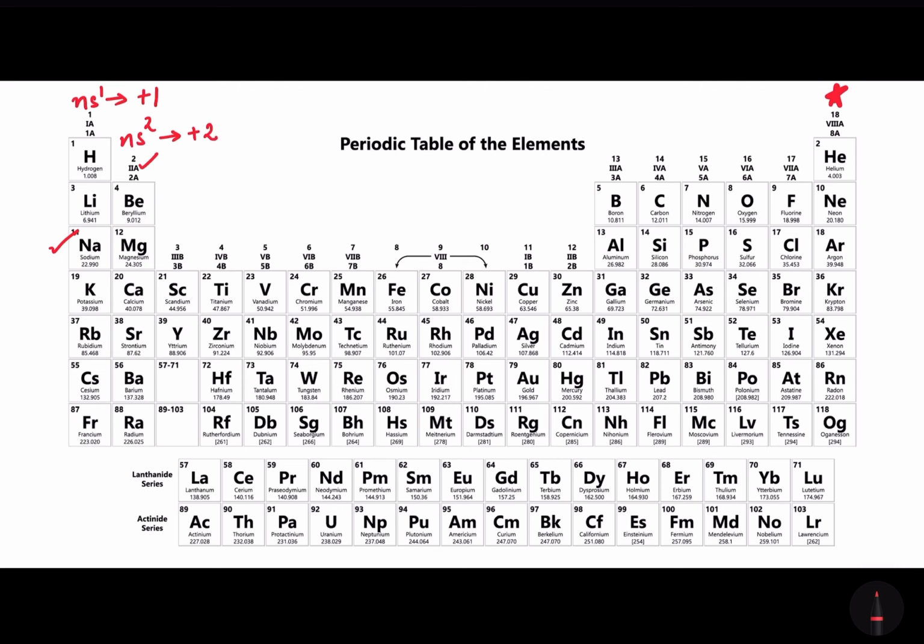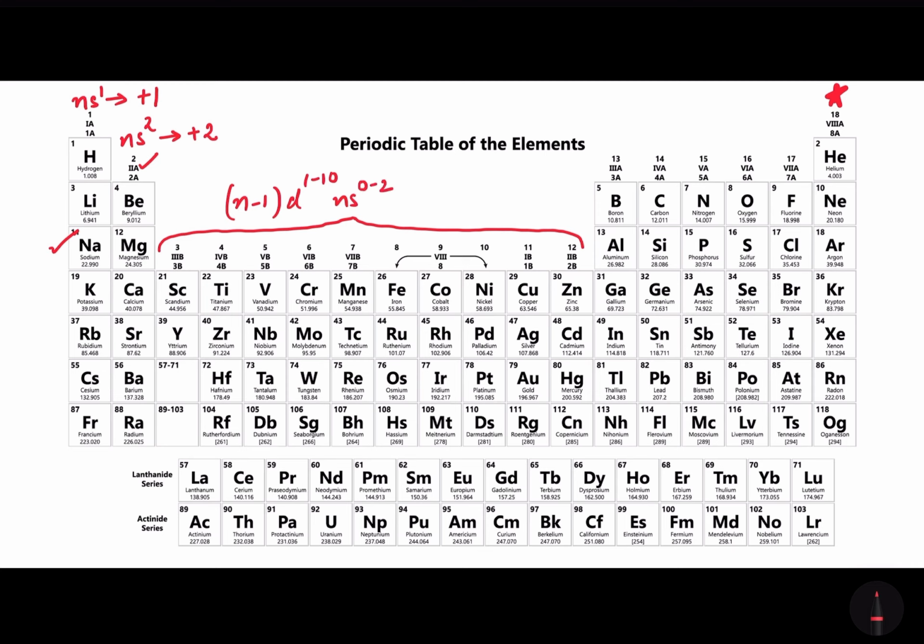Now let's talk about the transition elements, that is from group number 3 to group number 12. The general electronic configuration of transition elements is (n-1)d 1 to 10, ns 0 to 2.